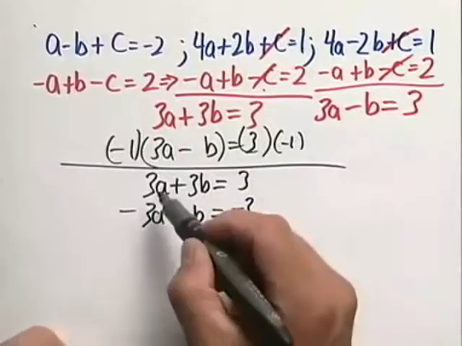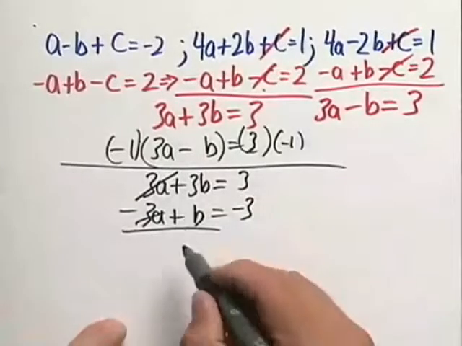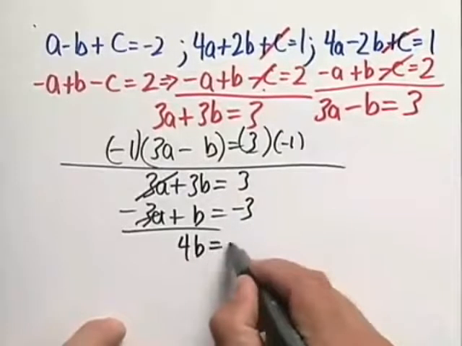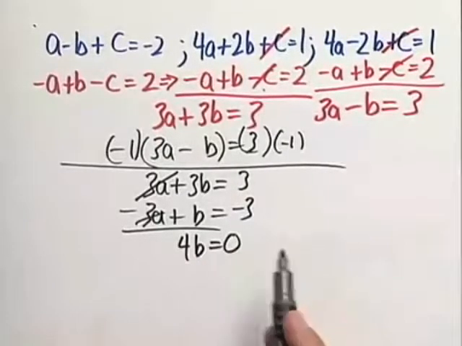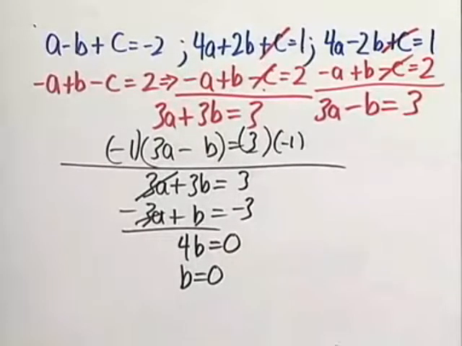By design, our 3a's cancel out. Adding down the columns, we come up with 4b is equal to 0. Dividing both sides by 4, we obtain b equals 0. So our b coefficient for our function will be 0.